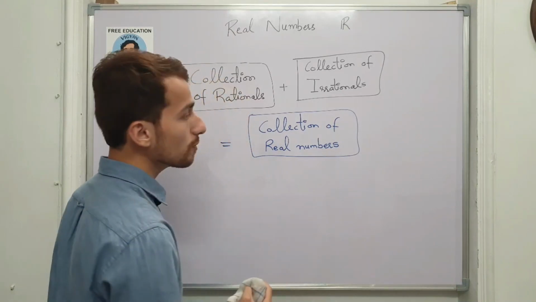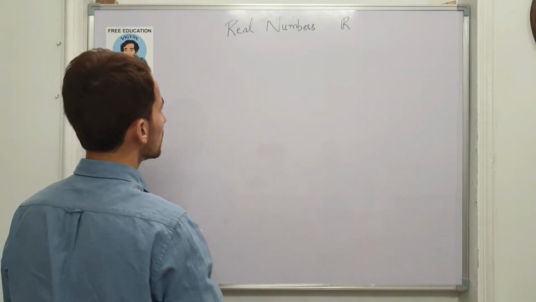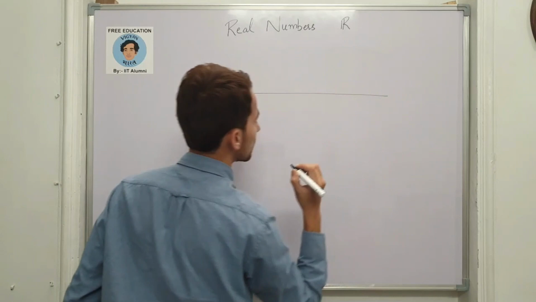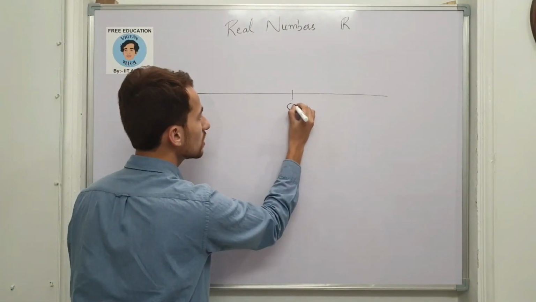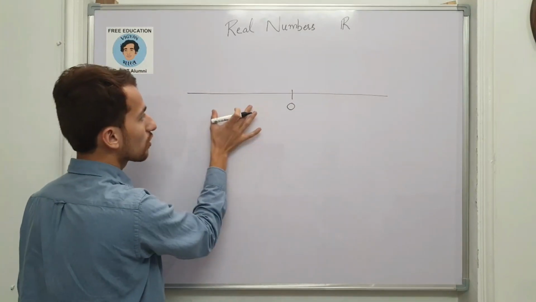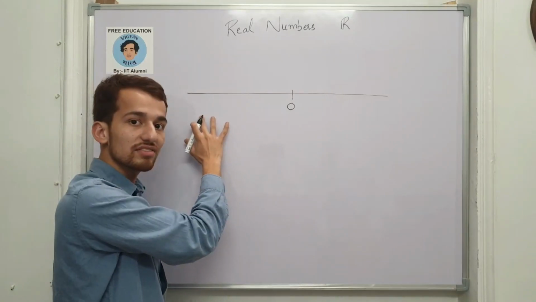Now let's try to understand it geometrically on the number line. So let's sketch the number line. This was our number line. On this we have taken 0 as our point of reference, and this part of the number line was in the negative direction.